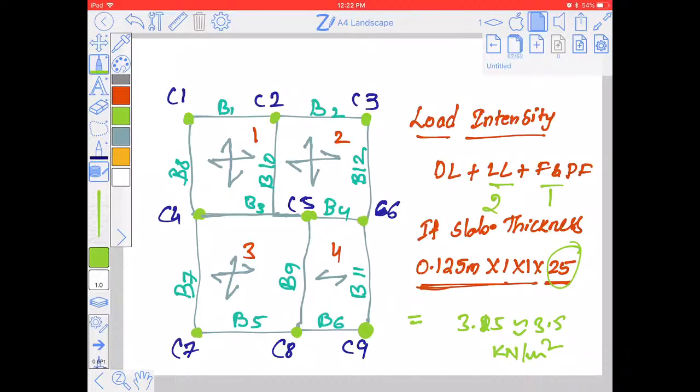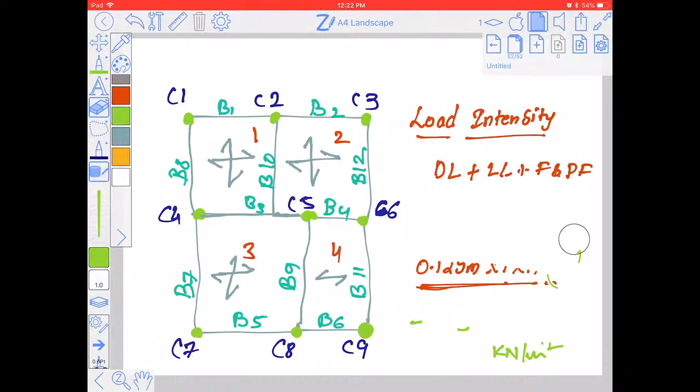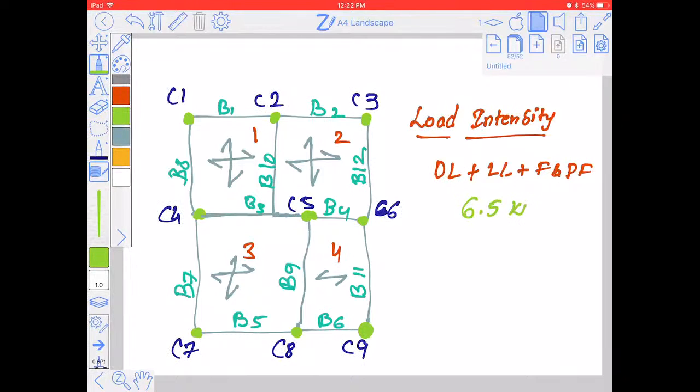So the total load intensity among dead load, live load and floor finish will be equal to 6.5 kilonewton per meter square. So for residential buildings I'll be taking a total load intensity of 6.5 kilonewton per meter square.